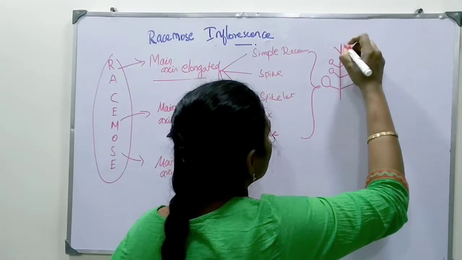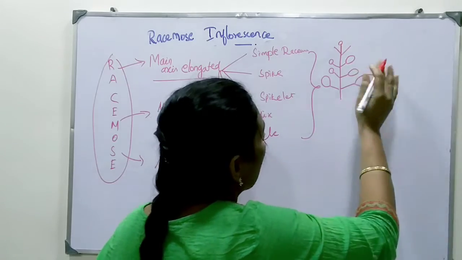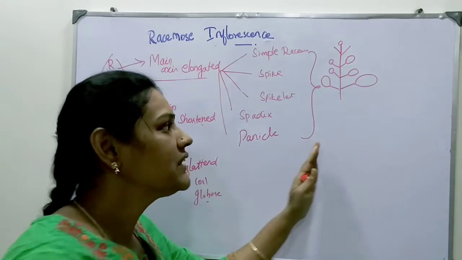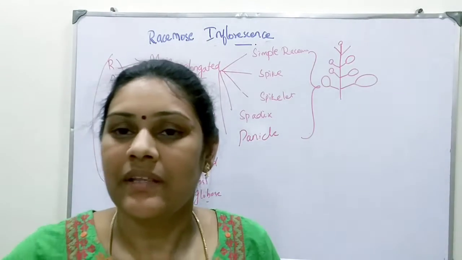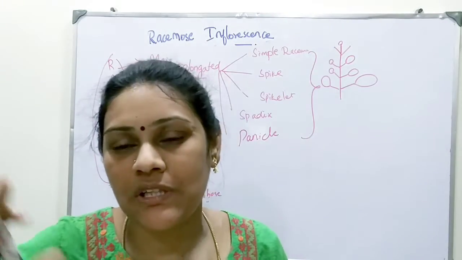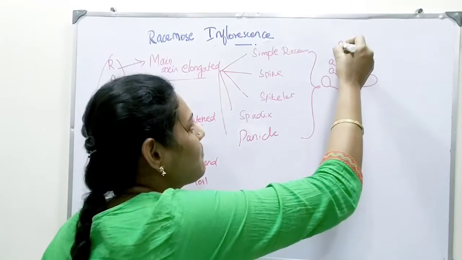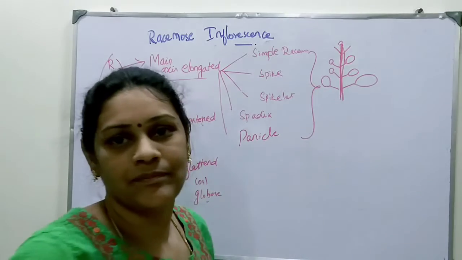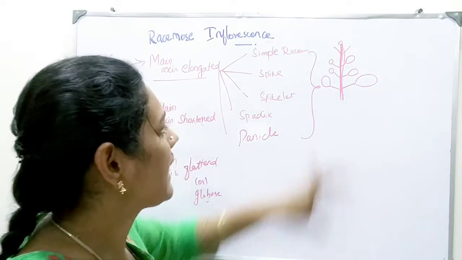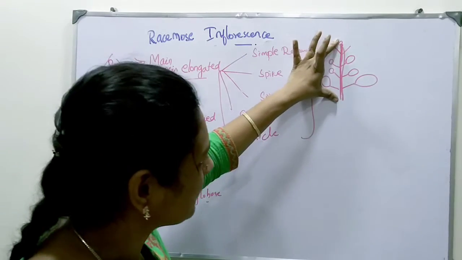Okay, so this is an unbranched acropetal succession with pedicellate flowers. What is pedicellate flower? I have explained to you. The flower which is attached with this stem. This is the main axis. The main axis is elongated. Okay, the main axis elongated racemose type.